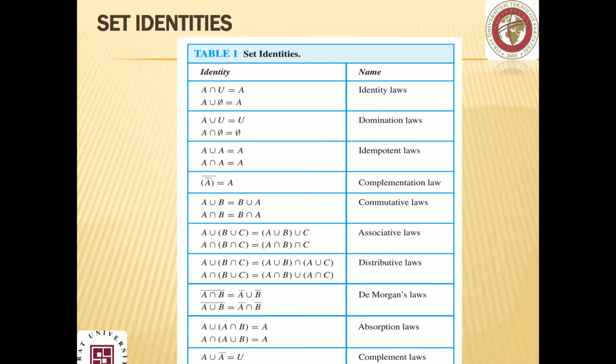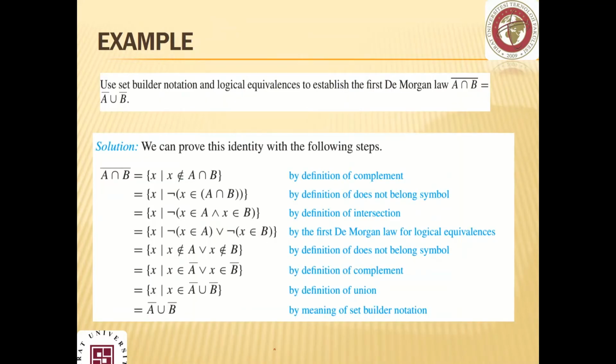If you take the intersection between a set and its own complementation, there is no common element, so it will be just phi, an empty set.